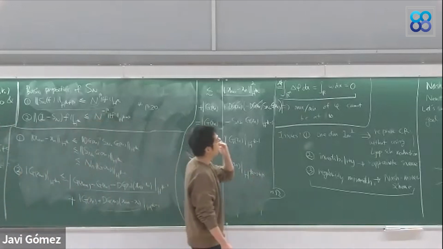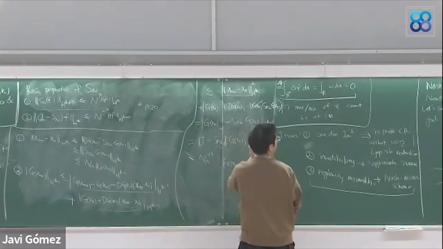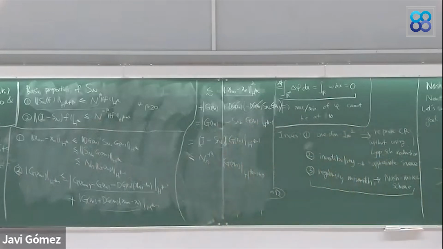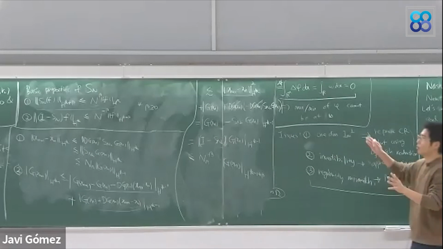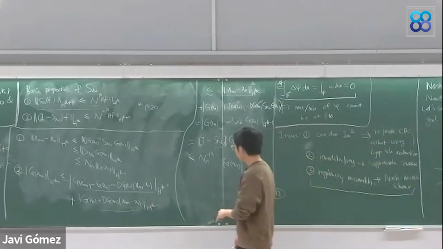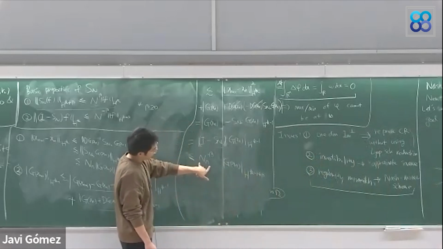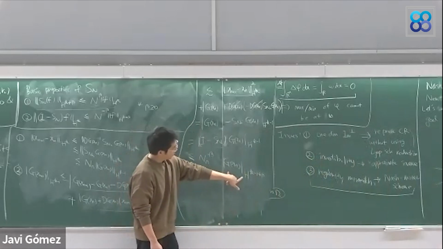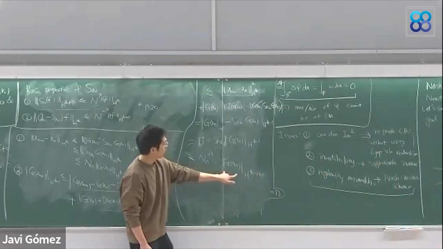Here we are assuming that the sequence n goes to infinity, so we can imagine n is super large. So we have something small here, but we have the high norm of G(x_n). Okay.